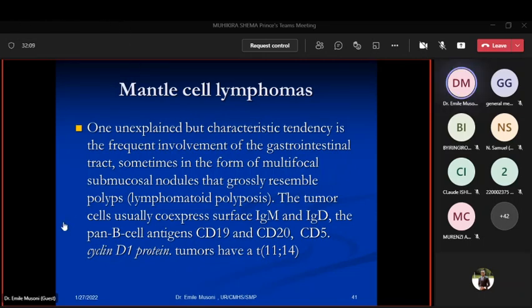The tumor can express IgM and IgD, pan B cell antigens CD19, CD20, and CD5, and cyclin D. And they have the translocation 11 and 14. Cyclin D1 is the main characteristic of mantle cell lymphoma. Many characteristics of mantle cell lymphoma.